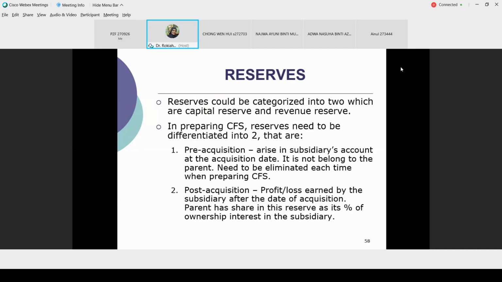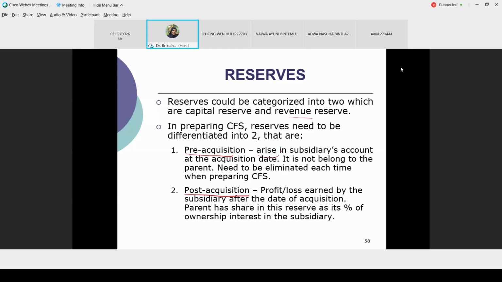Okay, for the reserve, the last one for the issue. Reserve can be categorized into two types, either a capital reserve or a revenue reserve. Reserve is part of the equity. In preparing consolidated financial statements, reserves need to be differentiated into pre-acquisition reserve and post-acquisition reserve.